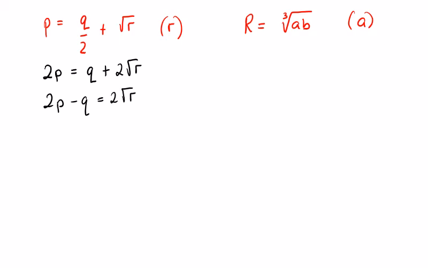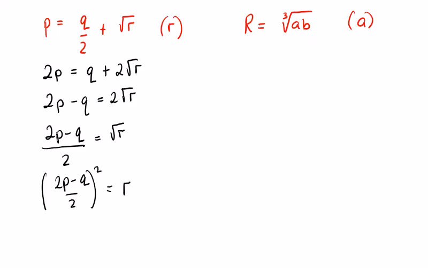We want r on its own. So dividing by 2 will just get me back to what I should have done at the beginning with bringing the q over 2 over, but we could write 2p minus q over 2 is equal to root r, and now I need to square both sides.